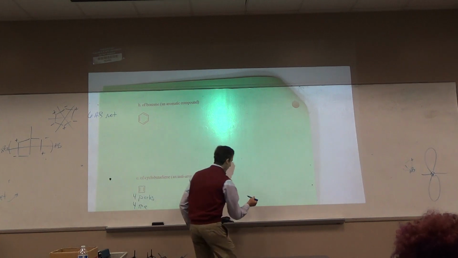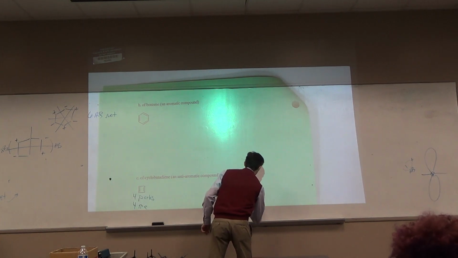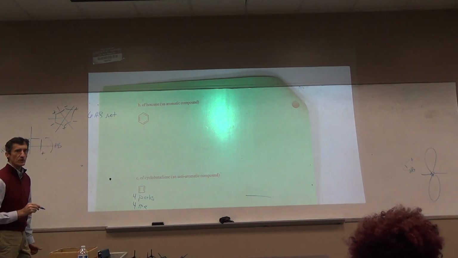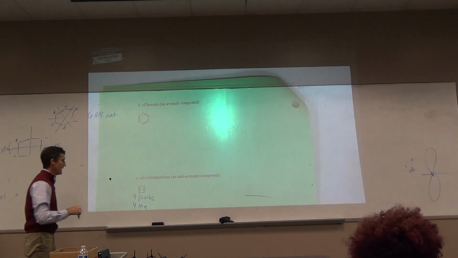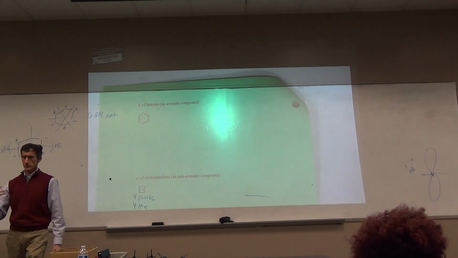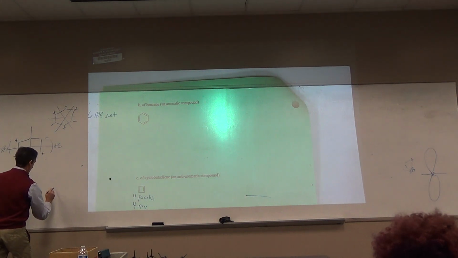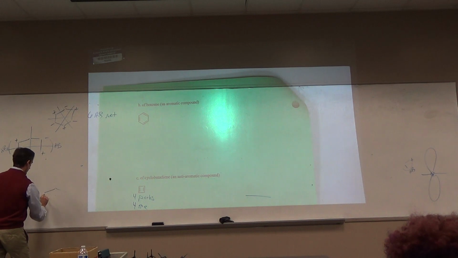Anytime you do these, there's always going to be one at the bottom, because there's only one way for it to overlap best. That's where all four are constructively overlapping. I'll draw it over here.